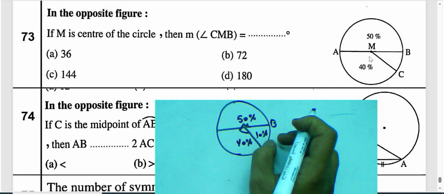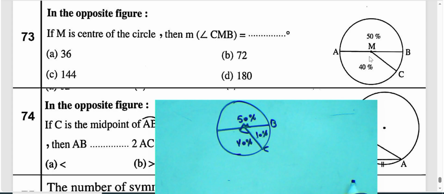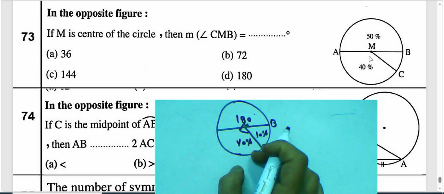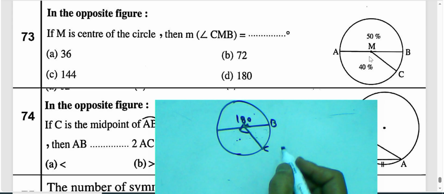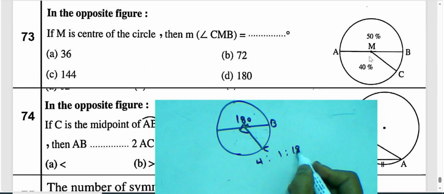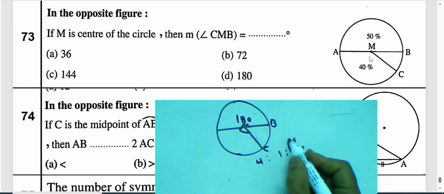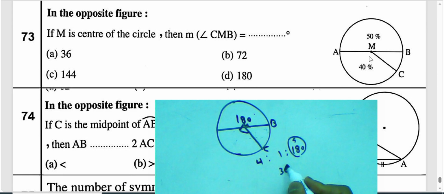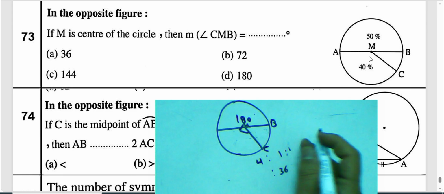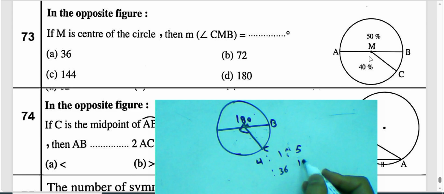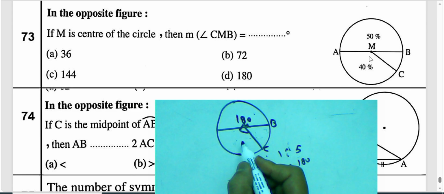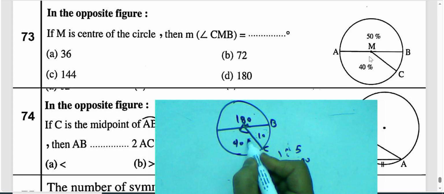CMB. In the example he gave you 50 degrees, meaning 180, and 180 is divided in the ratio 1 to 4. Then the summation will be 5, and 180 divided by 5 equals 36. We have 36, and 4 times 6 is 24. Understood? The summation of 1 and 4 is 5, and we write 180 because the ratio here is 40% to 10%.